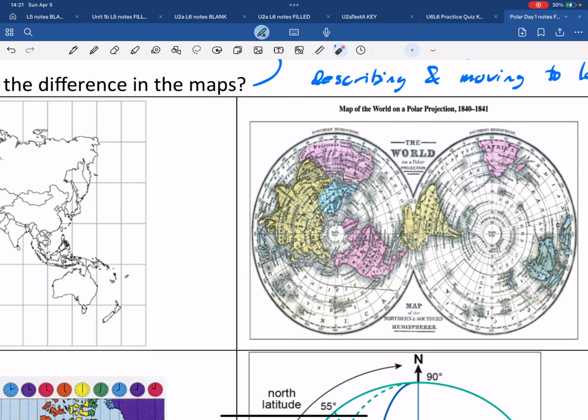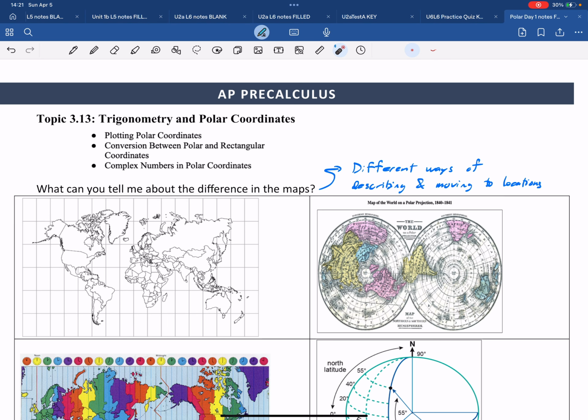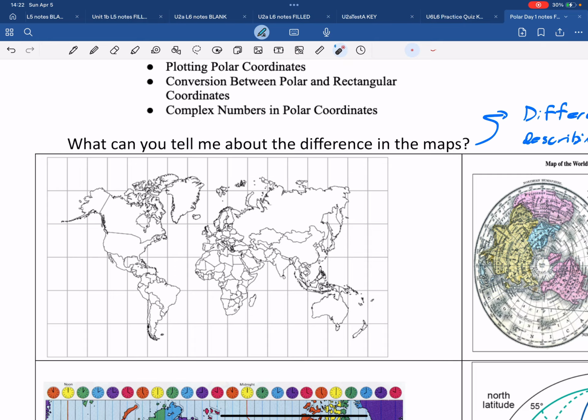So what I wrote here, if you just want to consume and not really think too much, is that in these maps we have different ways of describing and moving to locations. We also have, like, this is just black and white, but we have kind of rectangular longitude and latitude. We have some unequal distribution of landmass, right?